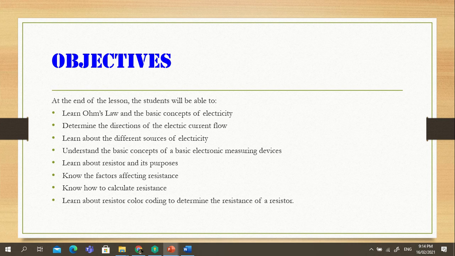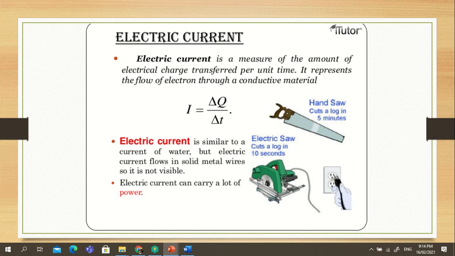Okay, so here's the basic concept about electricity. We have what we call electric current. Electric current is a measure of the amount of electrical charge transferred per unit time. The time is usually in seconds, and it represents the flow of electrons through a conductive material.